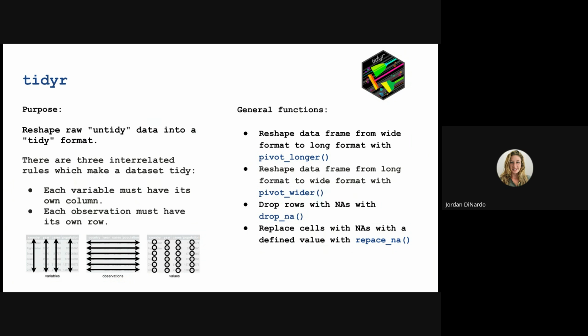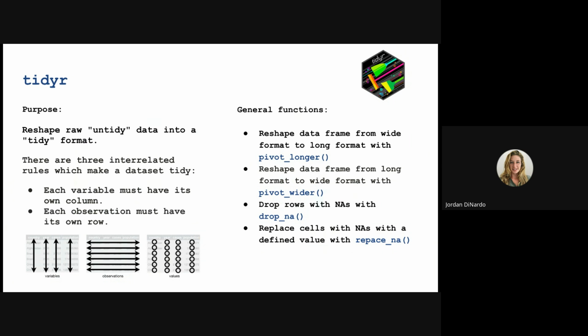Each variable must have its own column. So we know this, this is really review at this point. And each observation must have its own row. Okay, so variables work as columns, observations are rows, and then values are each element within a given row and column.